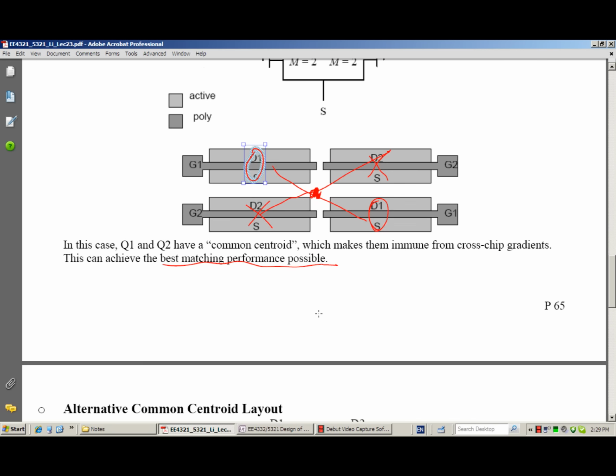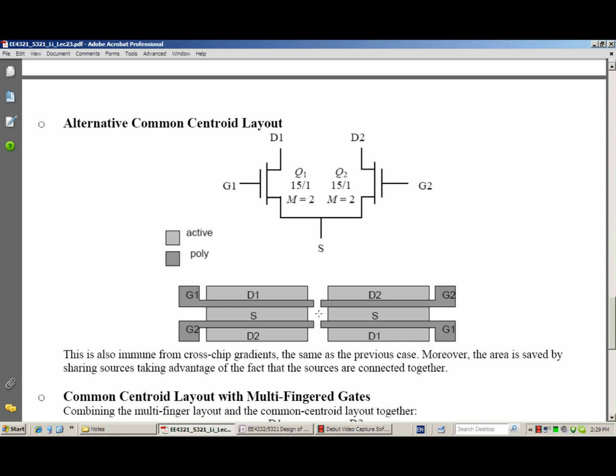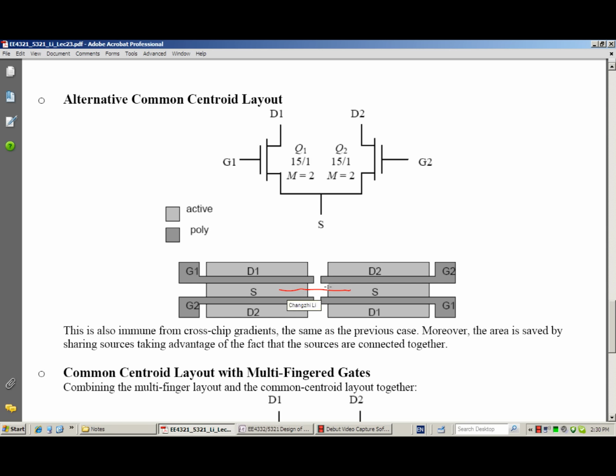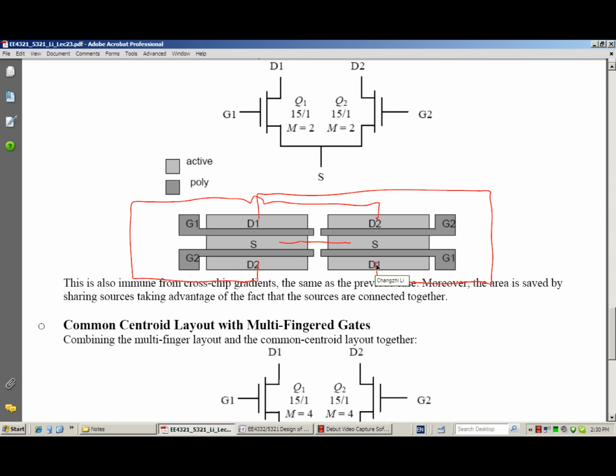In that way, we have all the sources put together, and now we can share the source. So in layout, we can connect all the sources together, and now connect the drain of transistor 1 like this, and the drain of transistor 2 like this.